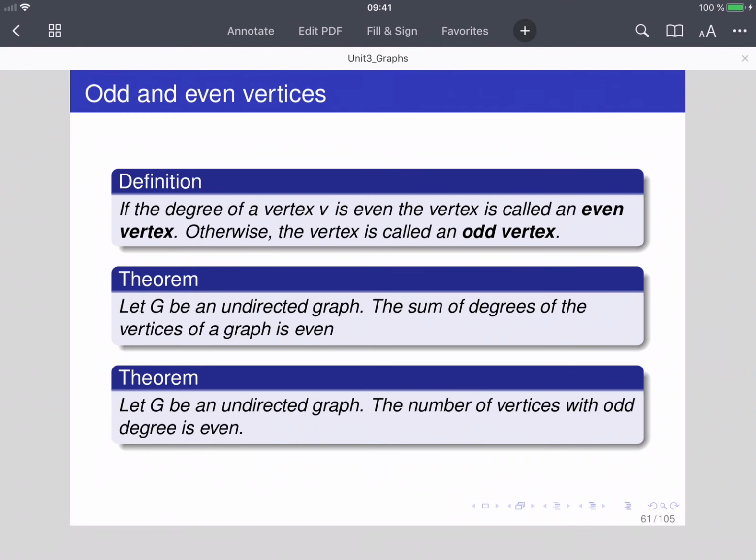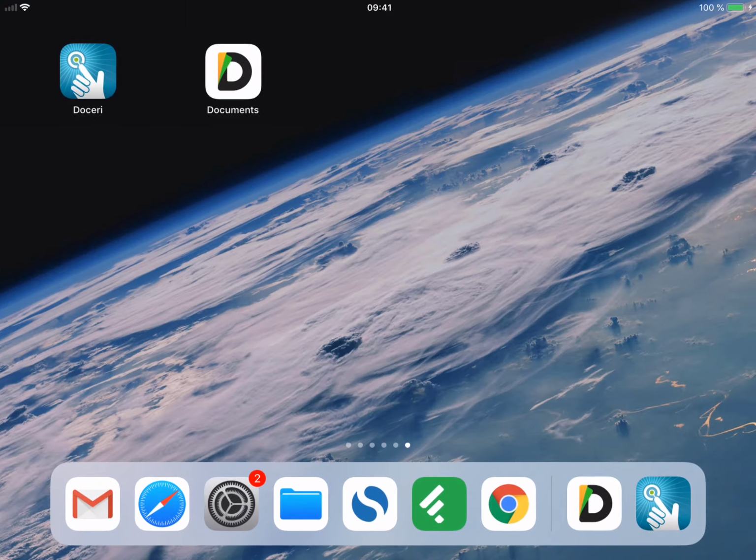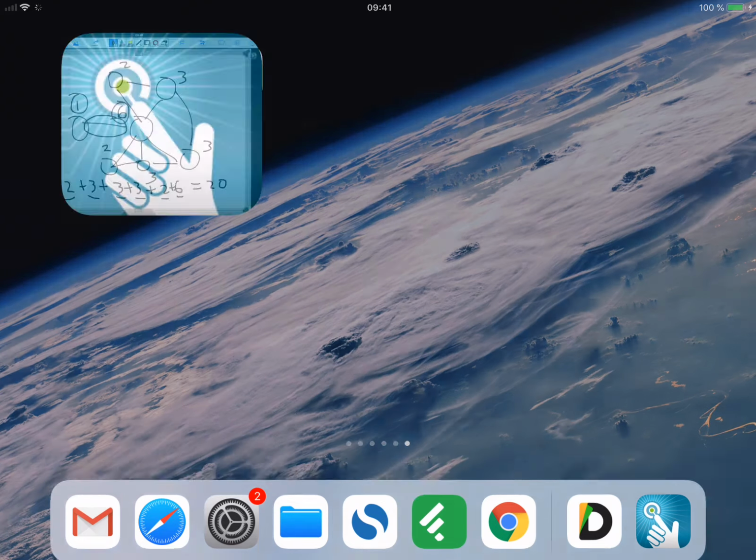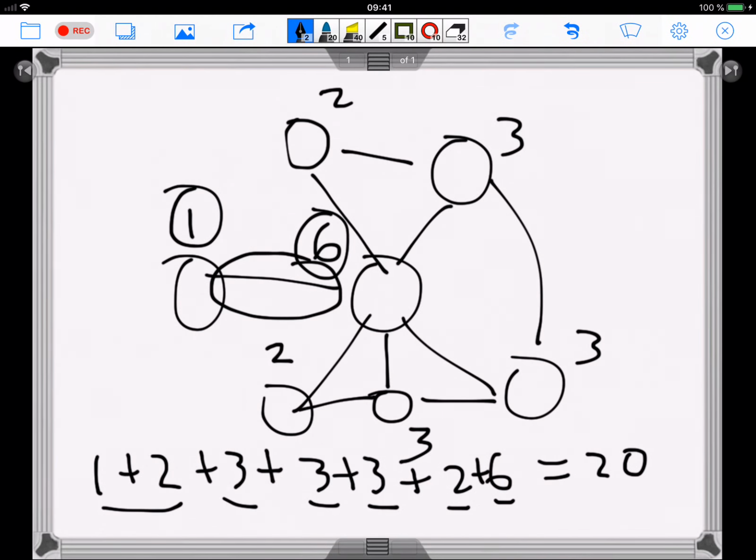The second theorem that we need is that the number of vertices with odd degree, that is the number of odd vertices in a graph, is always even. Okay, so this takes a little more time to prove, but it's also very easy. But first, let's check that this is the case in this graph. So what are the odd vertices here?